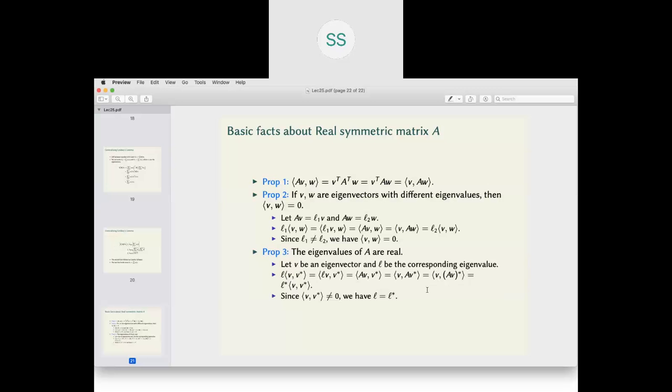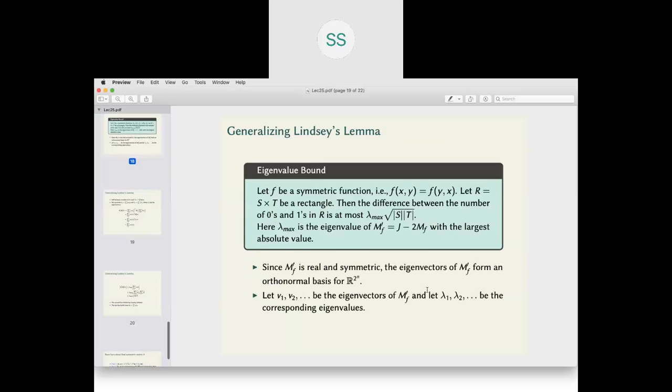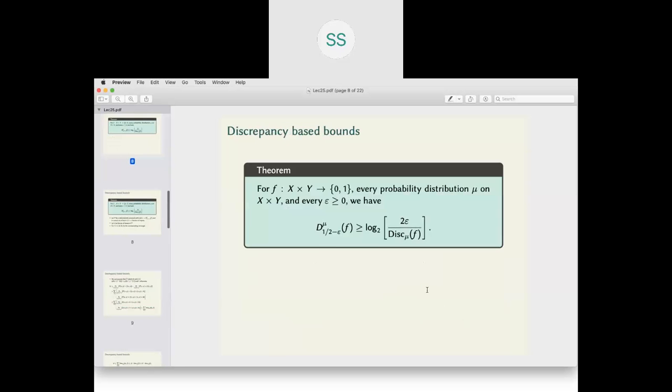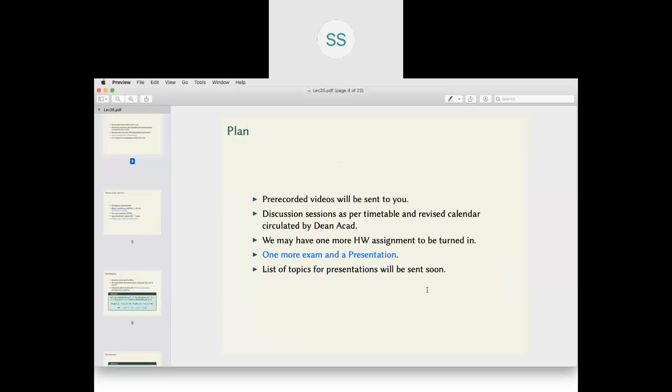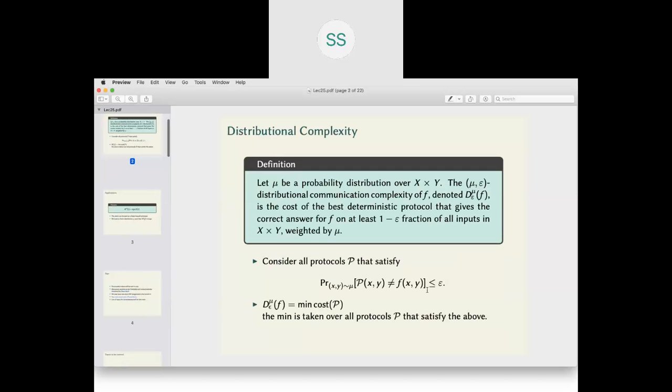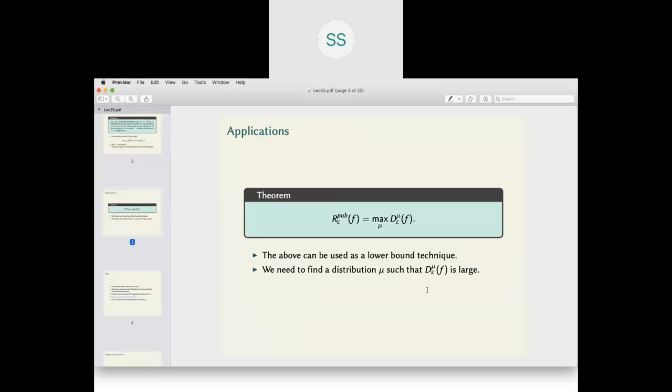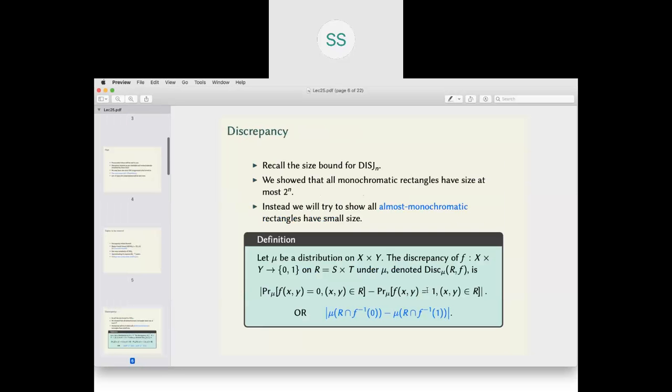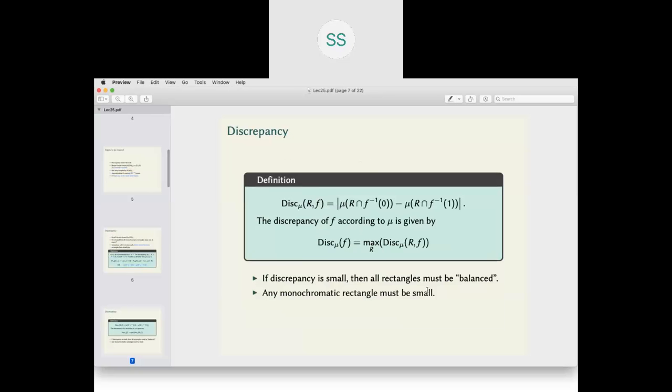So just to recap, we started with this distributional complexity. The application was to show lower bounds for the randomized complexity, and we introduced the notion of discrepancy, which is roughly the weight of zeros minus weight of ones, and what is the maximum that happens in any submatrix.